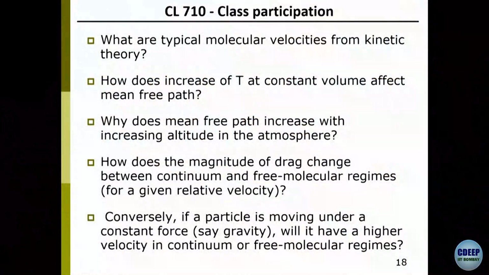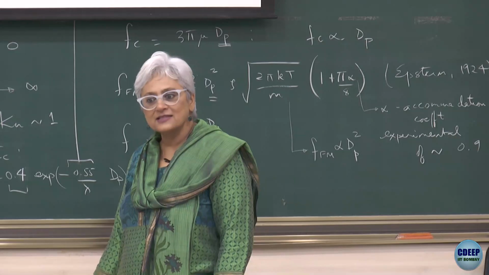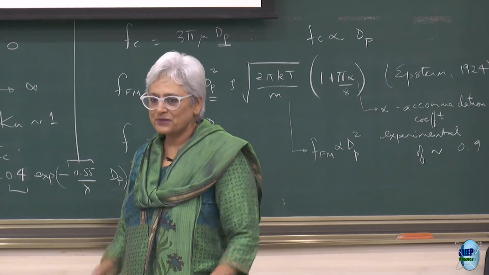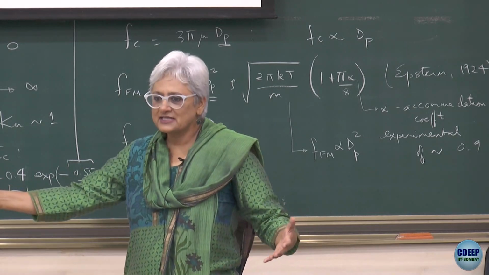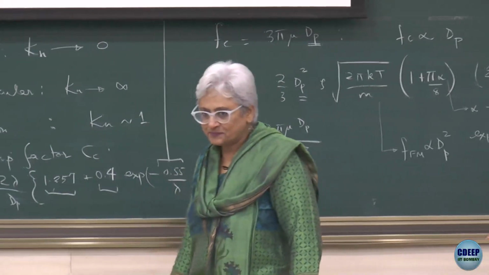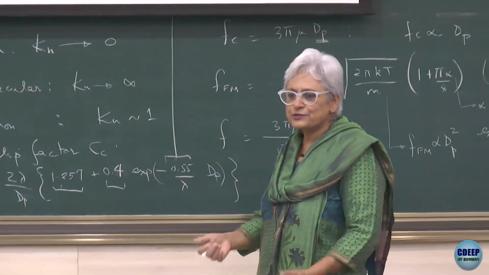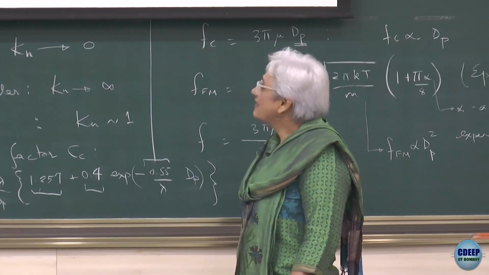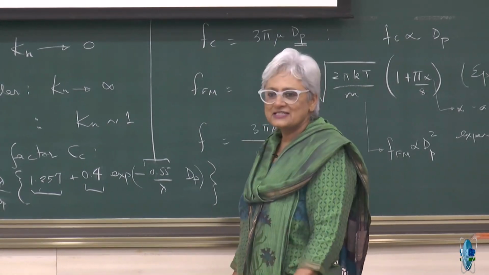Yeah, increasing altitude, decreasing pressure, therefore we have an increase in the mean free path of gas molecules. Correct. And because we have that increase in mean free path, we're really going to have a reduced drag or a reduced friction coefficient for the particle. Okay, anybody else?